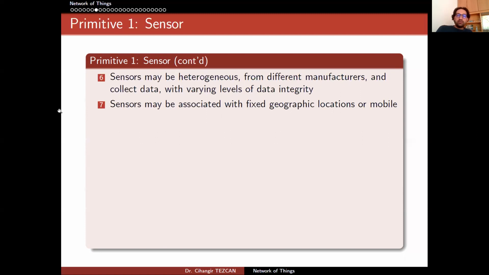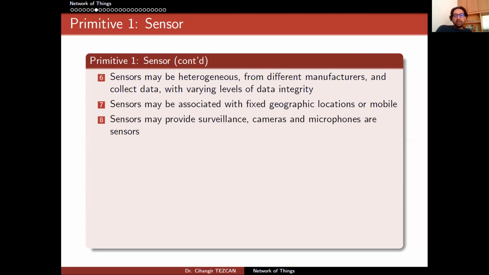Sensors may be associated with fixed geographic locations or they may be mobile. Sensors may provide surveillance. Cameras and microphones are sensors. So this is also important, and actually there is a huge security problem here.